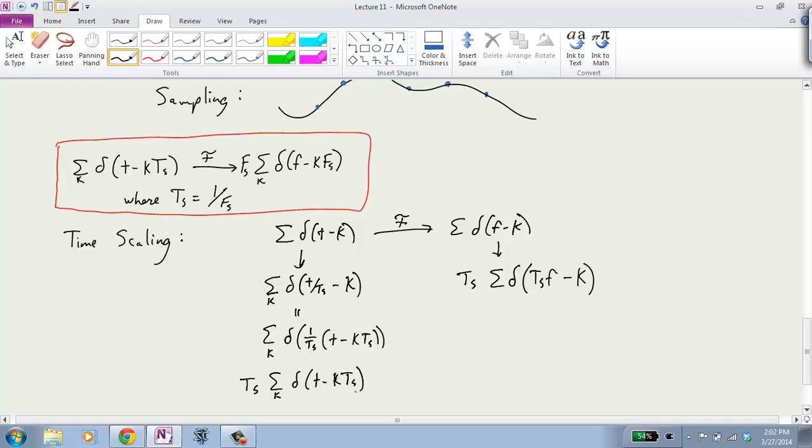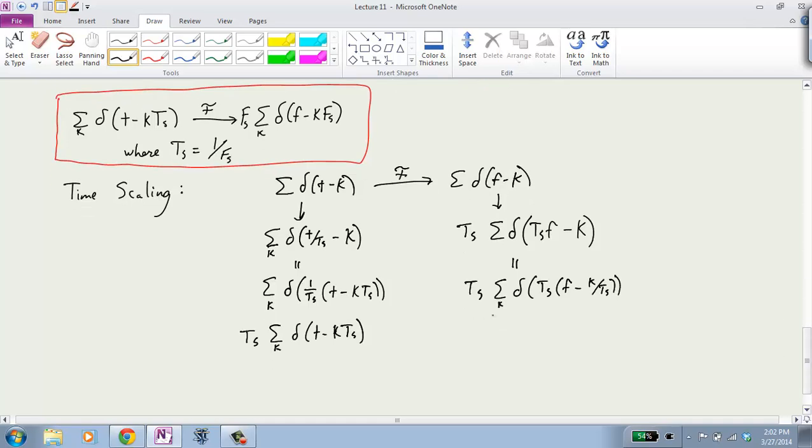And the same thing over here, we would say that equals, keep our Ts from before, sum over k delta f minus k over Ts, and use the property of delta functions. Those cancel. The Ts's cancel here. Whoops. Ts is gone. f minus k over Ts.